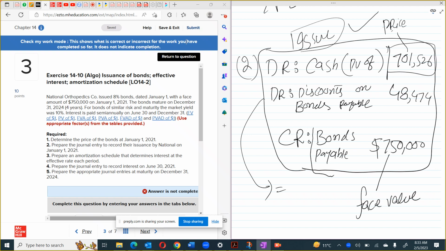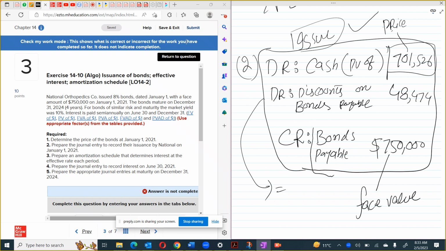So now I will go to the table because they asked me about 30th June 2021. Where is 30th June 2021? Here it is. I will pick the amount and write it here. It's very simple, 30,000. Discounts on bonds I will write later.